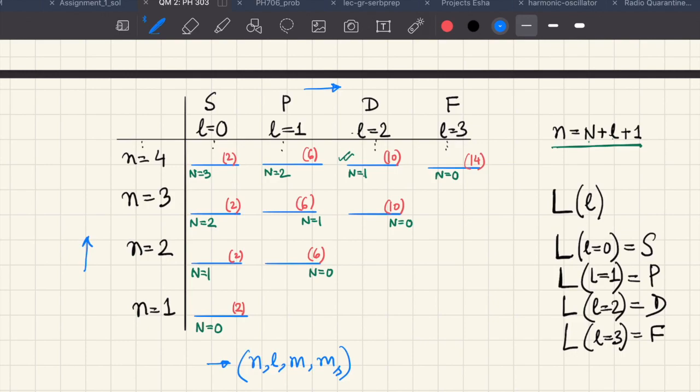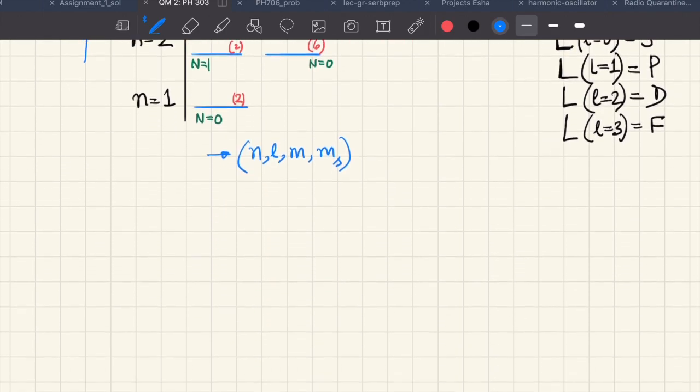Okay. Now you can do it in another way. We can use something which is known as the coupled basis. So, what is a coupled basis? Let us discuss this.